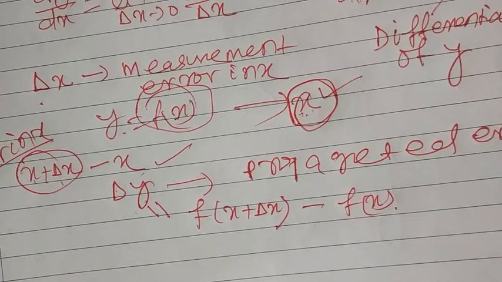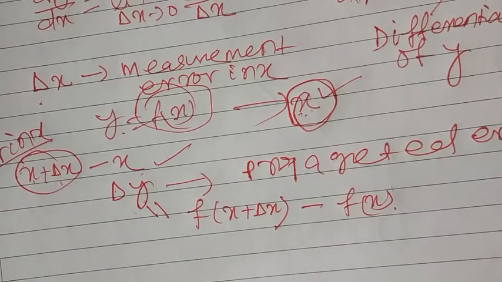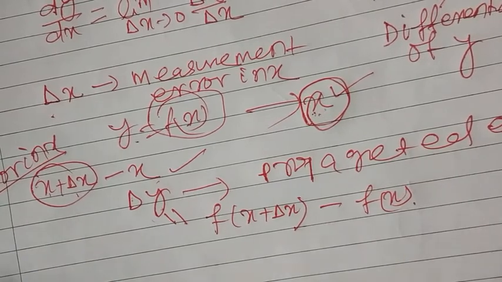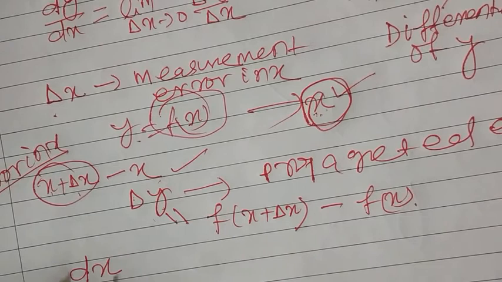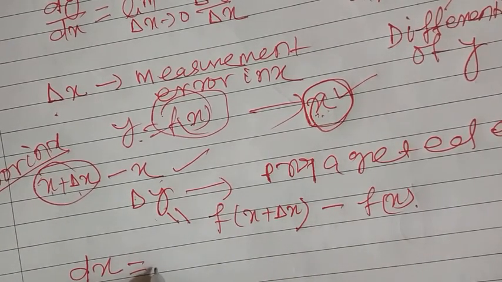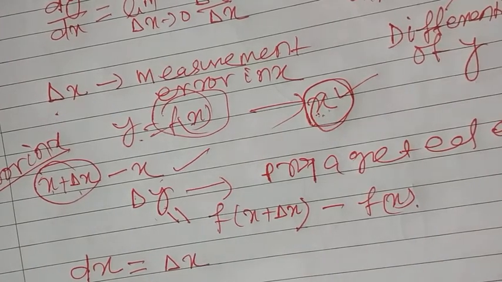Now the question arises: how do I find the differential? The differential in x, x is the independent variable, so the differential in x is dx. It is the same as the measurement error delta x.